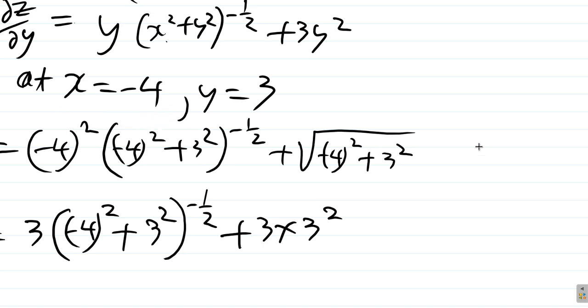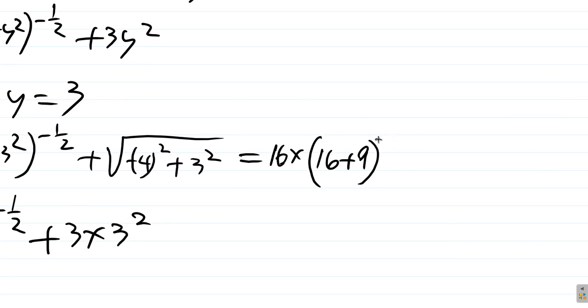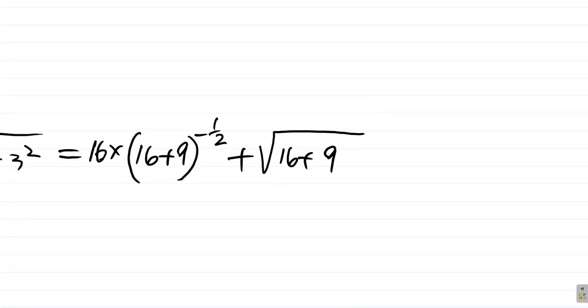Now, what does this thing amount to? 4 times 4 is 16 times 16 plus 9 to the negative half power, plus the square root of 4 times 4, 16, plus 3 times 3, 9. 16 plus 9, that's 25.